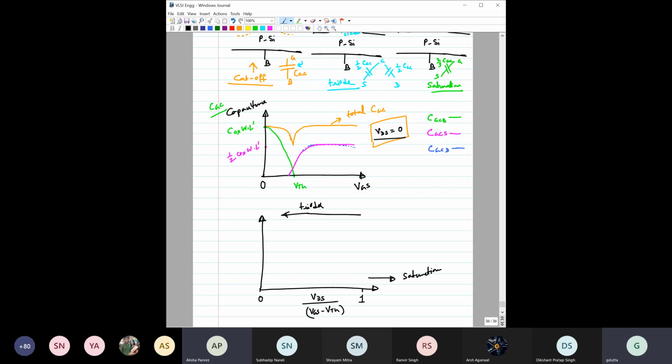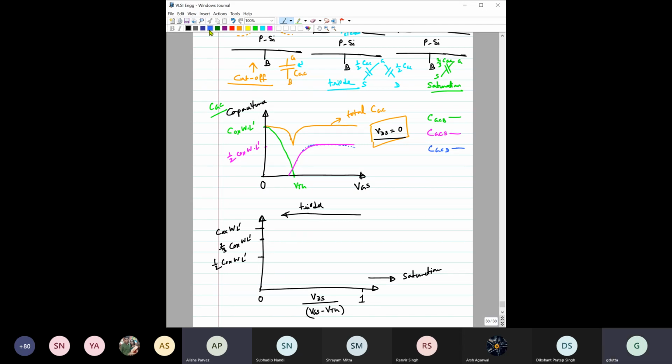We also know the maximum capacitance: the important values are Cox W L dash, and the other one is half of Cox W L dash. And finally it will reach 2/3 of CGC, so it will be somewhere here, like 2/3 of Cox W L dash.